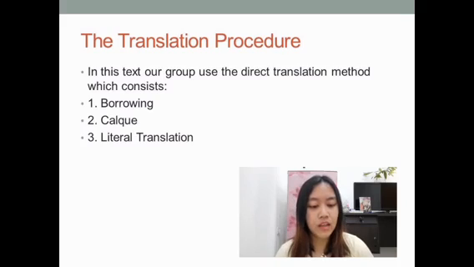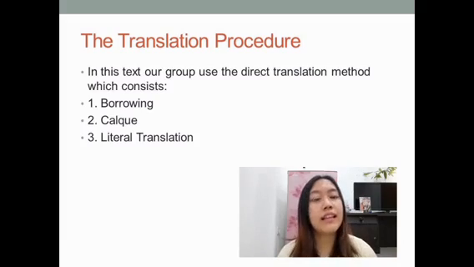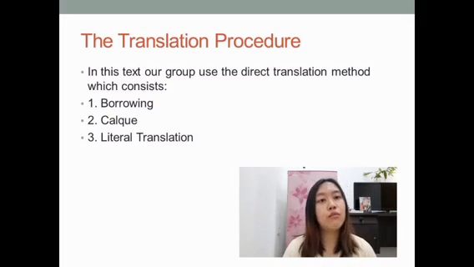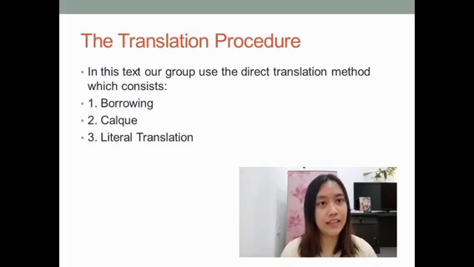So we can see that the word order of the target language is still suitable with the source language, and the words are directly changed, so we don't paraphrase it, we just translate it directly.